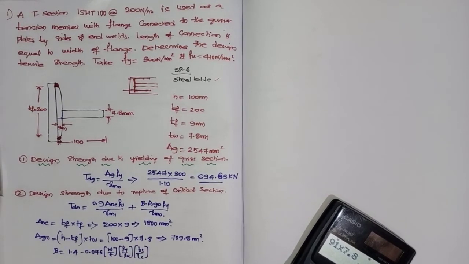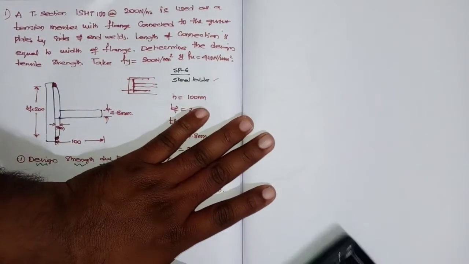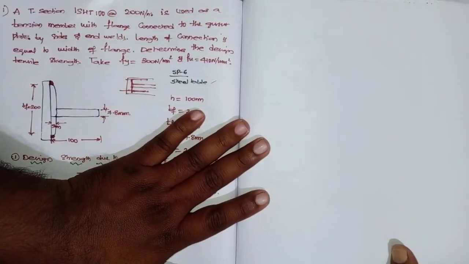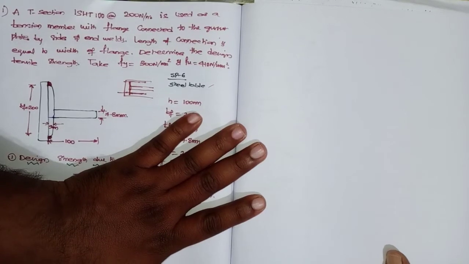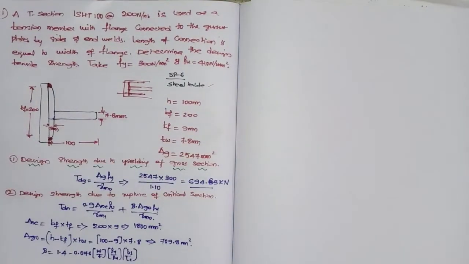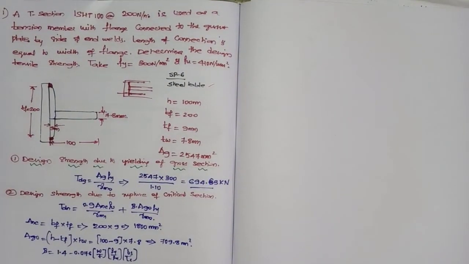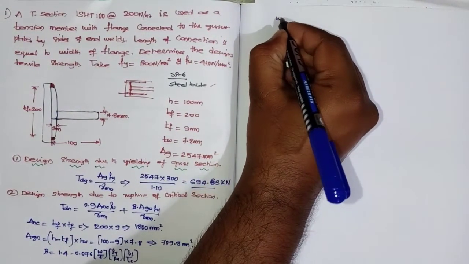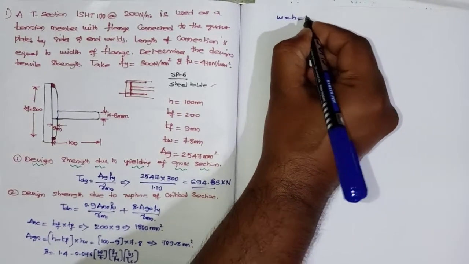Now what is this w in this case, and what we have to check now? Here w indicates the outstanding leg, that is w equals H, that is 100 mm.